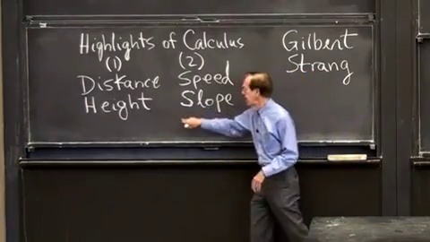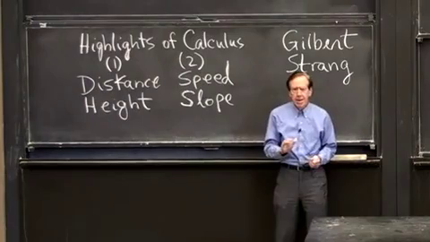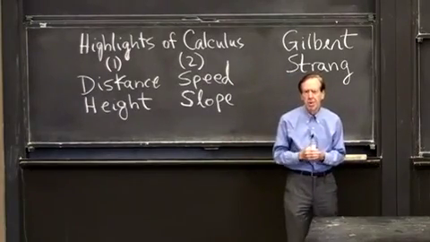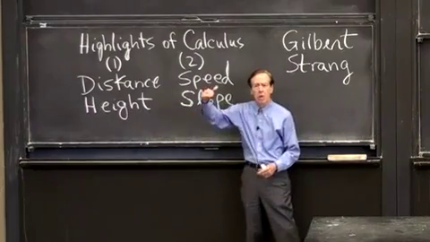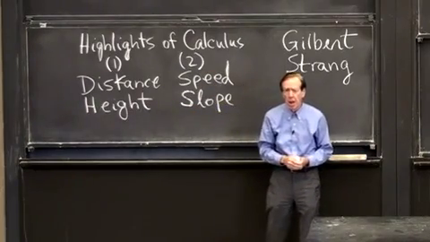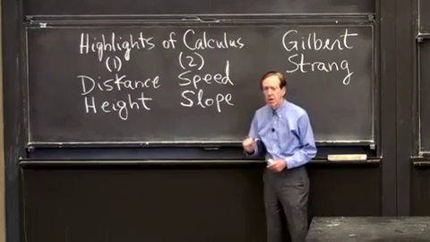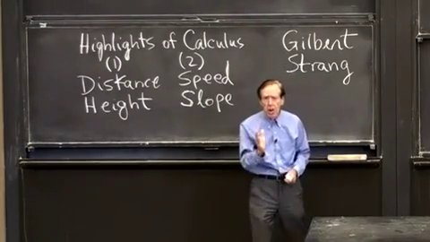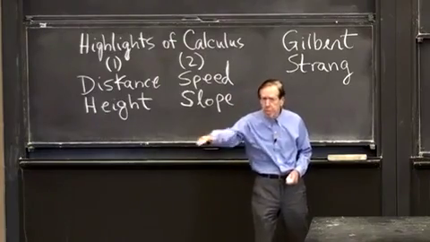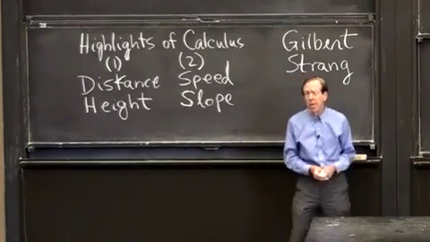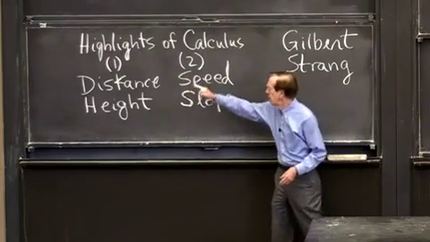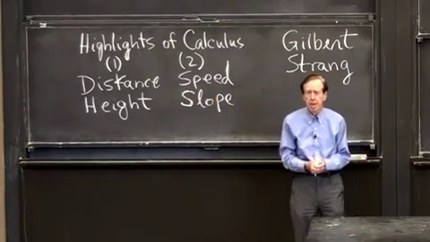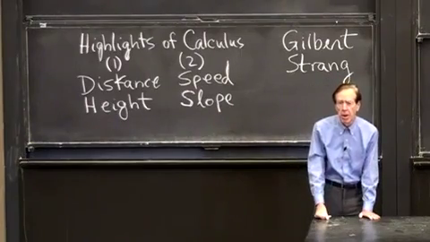The height tells how far you climbed. It could be a mountain. And then the slope tells you how quickly you're climbing at each point. Are you going nearly straight up, flat, possibly down? So distance and speed, height and slope will serve as good examples to start with.